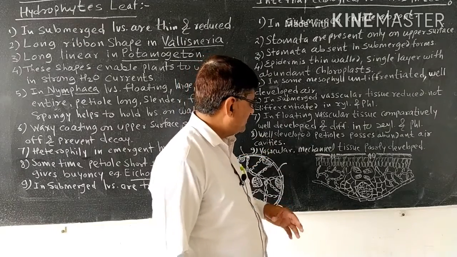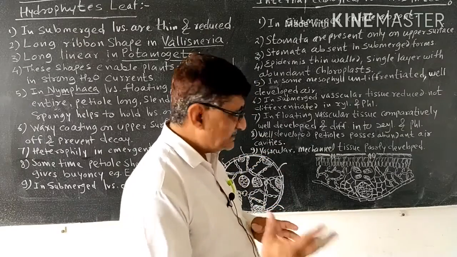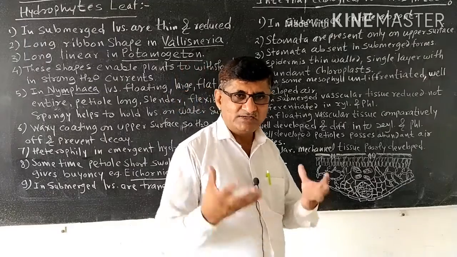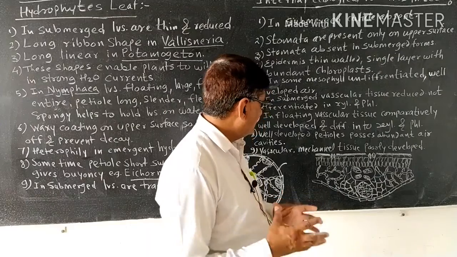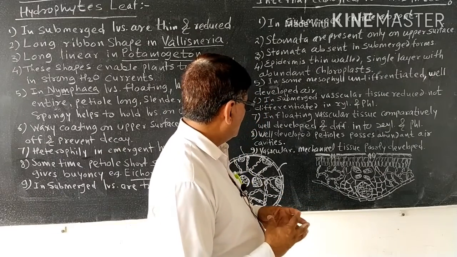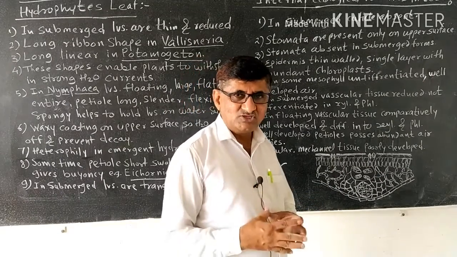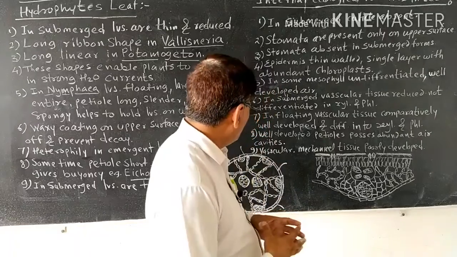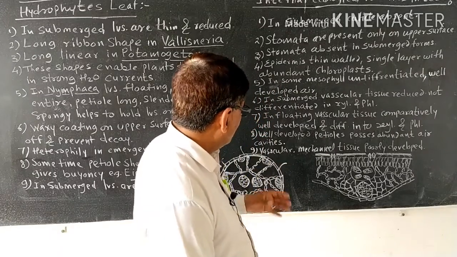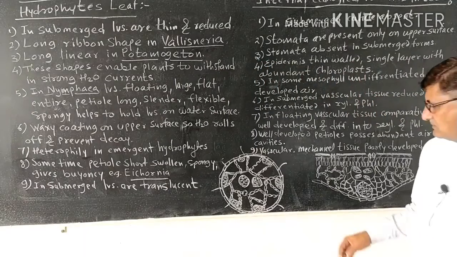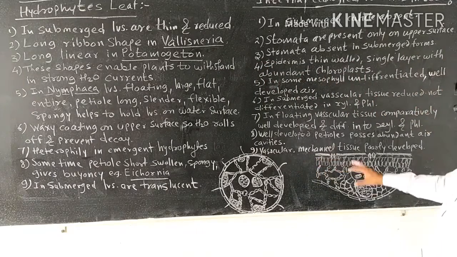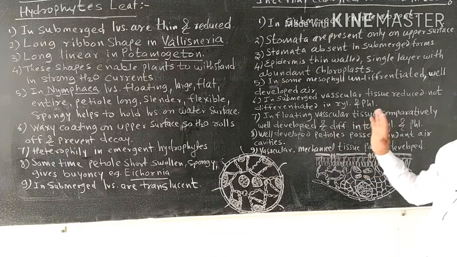There is a well developed petiole in some hydrophytes. The petioles are well developed with air cavities, which are helpful for buoyancy. In general, in hydrophytes the vascular tissue and mechanical tissue are poorly developed.